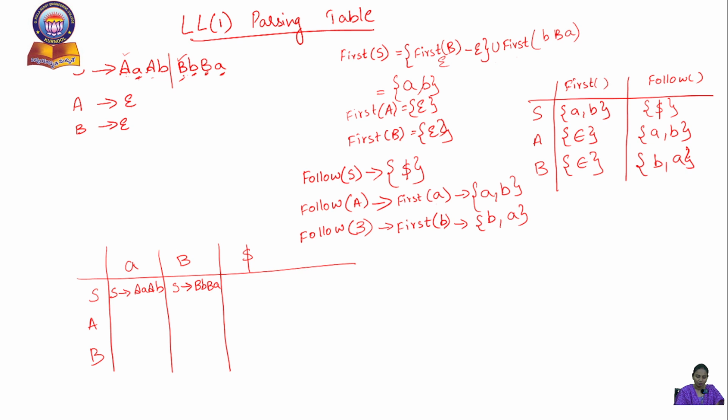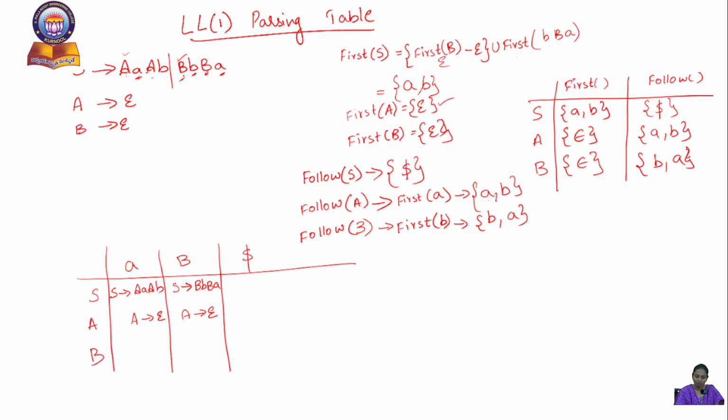First of A is having the epsilon. So if the epsilon is there, then we have to consider the follow function of A. Follow function of A is having A comma B. So under A and B we have to write A derives epsilon.